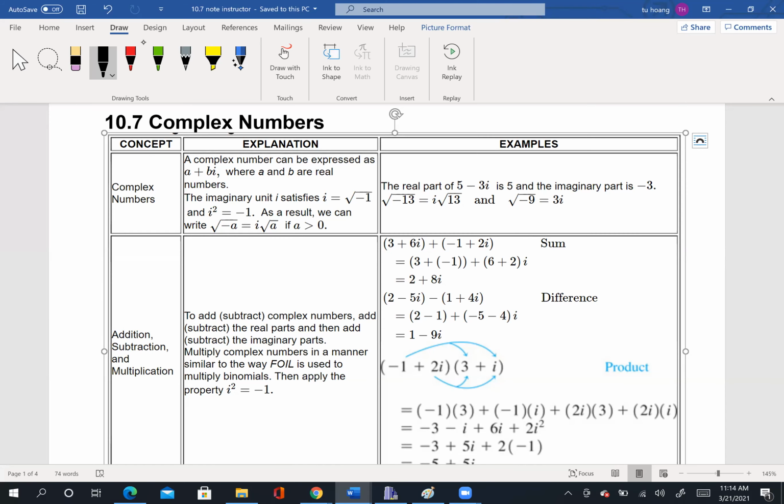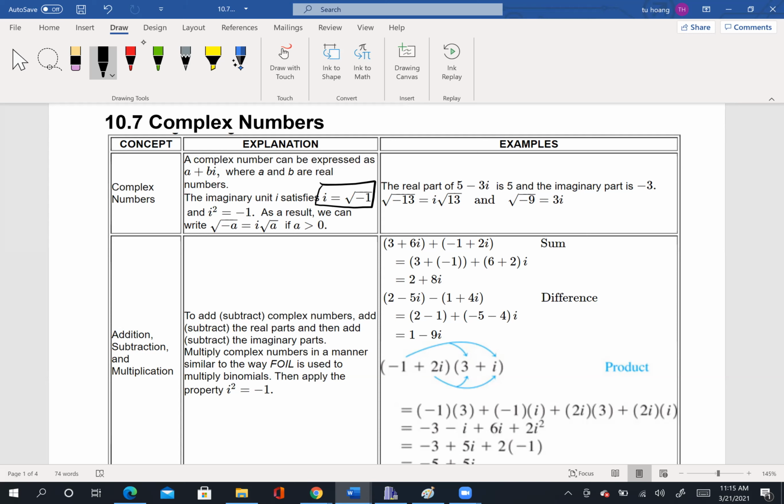Say we have right now the square root of negative 1. Here we call it an imaginary number, which is denoted by i, and i will be equal to the square root of negative 1.